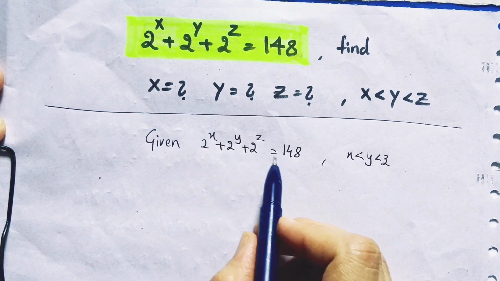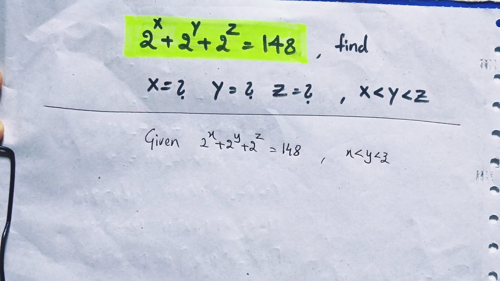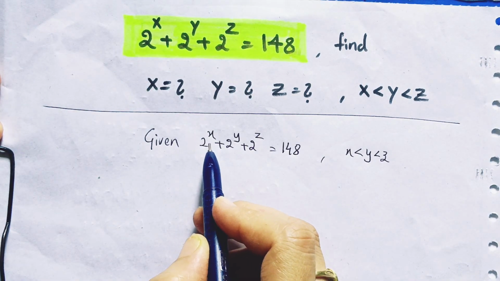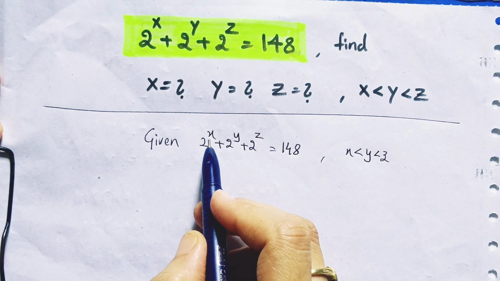To find the values of x, y, z, first of all I'm going to take this 2^x.